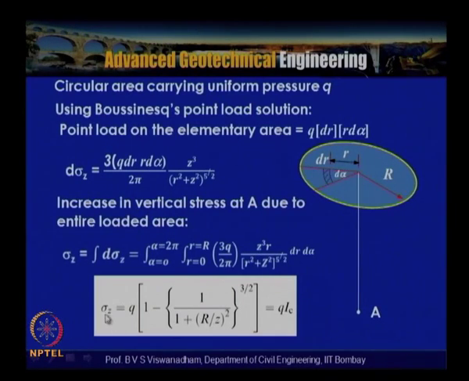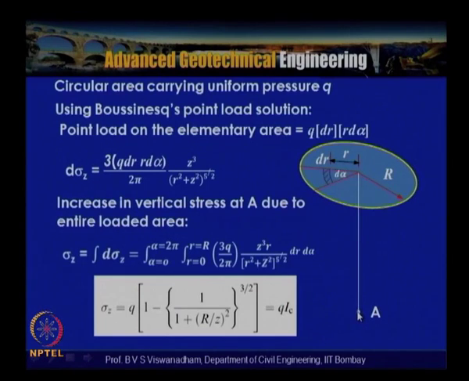This is the increase in stress at the center of the loaded area. If you want the increase in stress away from the center, then we need to use some other influence factor values. This is valid for the increase in vertical stress due to uniform load intensity q, and that too at the center of the loaded area only.